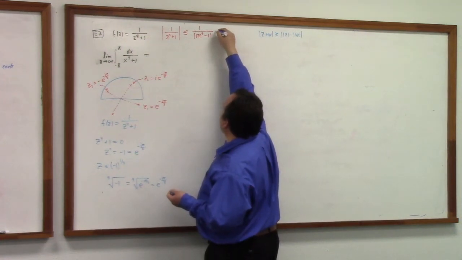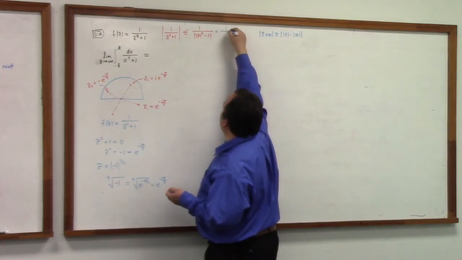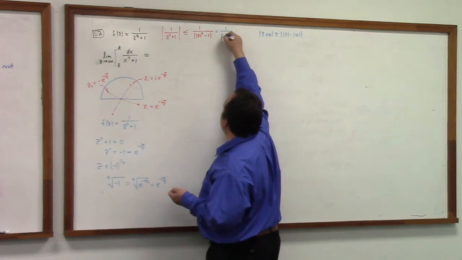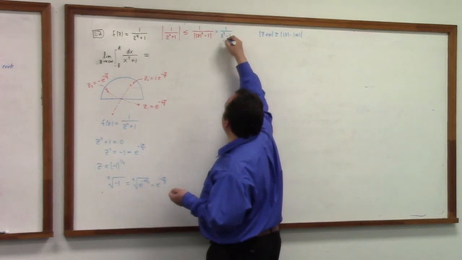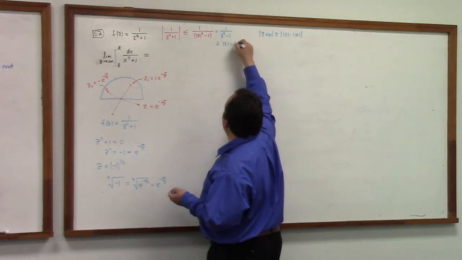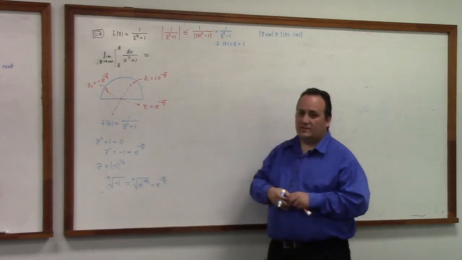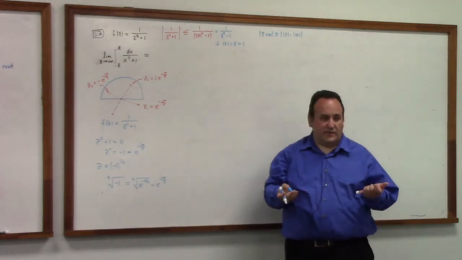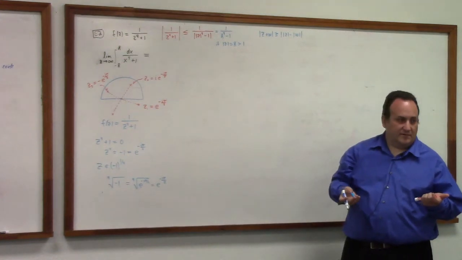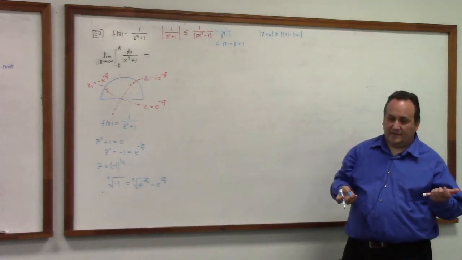Here they are. What is this? This is equal to 1 over r to the fourth minus 1 if what? If the modulus of z equals r is greater than 1, right? You just need to have bigger than the unit circle for your half circle, and you've already got the estimate that you need.